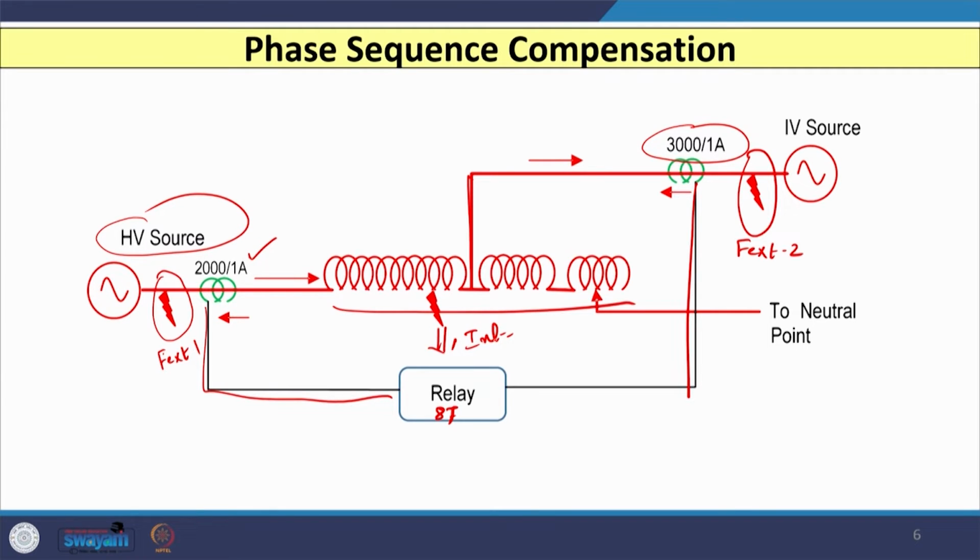If any fault occurs inside the winding, on the right hand side of this HV CT and left hand side of this LV CT, those are internal faults and can be detected by this differential relay. Any fault other than this, external fault 2 and external fault 1, maybe on the HV side or on the LV side, are external faults, and these faults are not to be detected by relay 87, the differential relay. So, this relay should remain stable in this situation, and this condition we need to check.